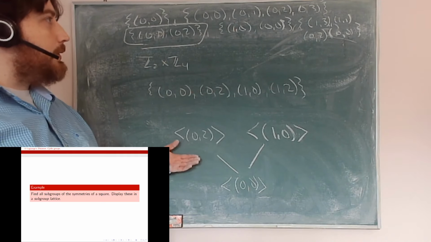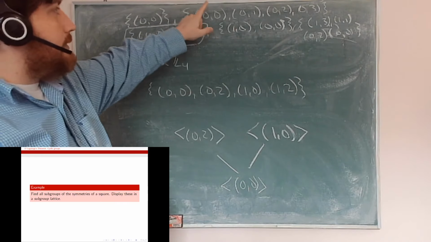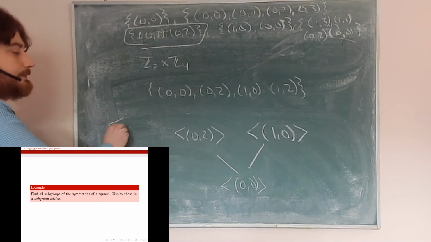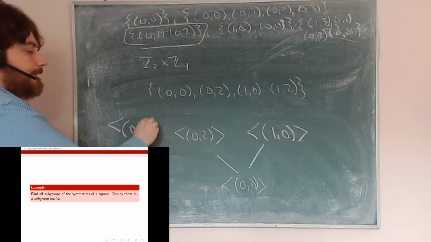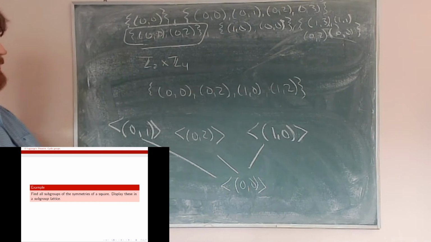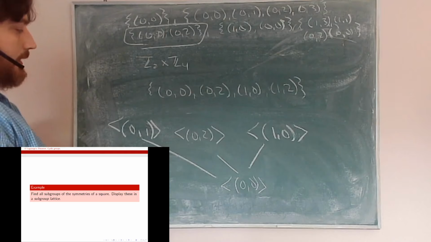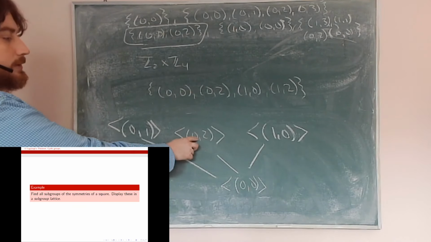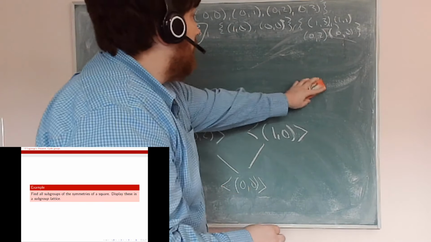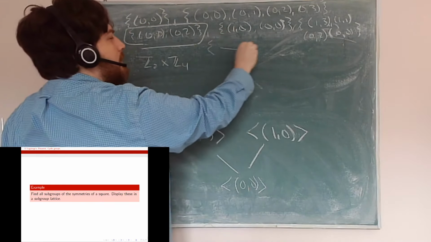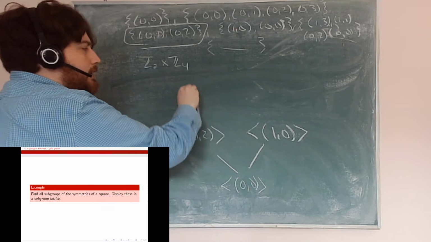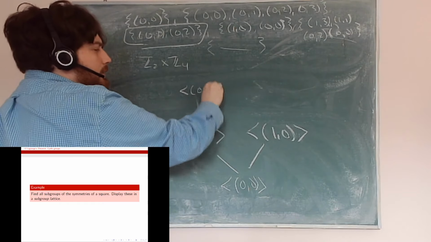Now, we could also put (0,0), (0,1), (0,2), and (0,3), which is the group generated by (0,1). Technically, this contains this, so I want a line drawn down like that. However, because this also contains this one, instead of drawing my line like that, I'm going to need that one up here. I'll just have to remember it. And then I want a line drawn up here to the group generated by (0,1).